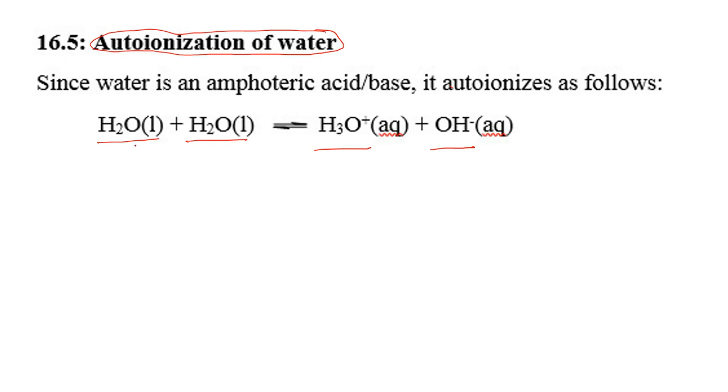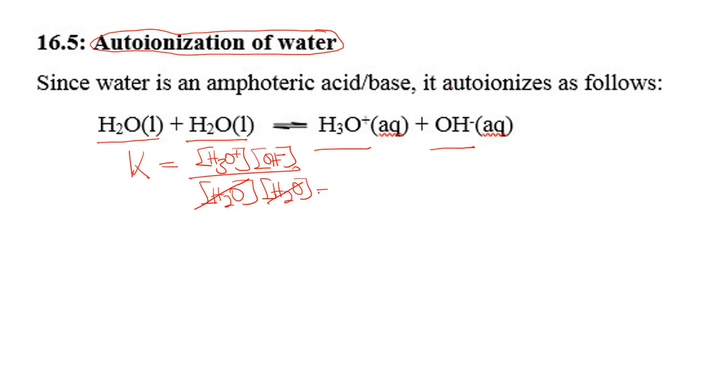If you want to write an equilibrium constant for this, you say K is equal to H3O plus times OH minus divided by water, or you can put two waters. But take note, water is a liquid.